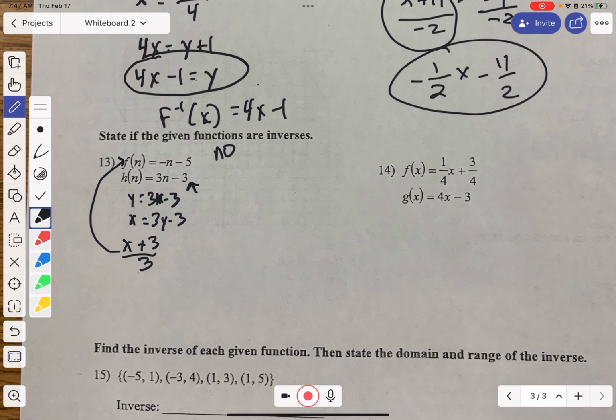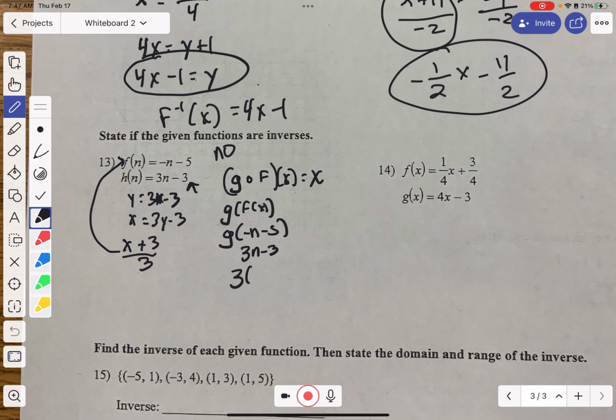The other way you can check is to do g of f of x, and that has to equal x. So I've got to find g of f of x. So I've got to find g of negative x minus 5. So that would be 3x minus 3 is my function.